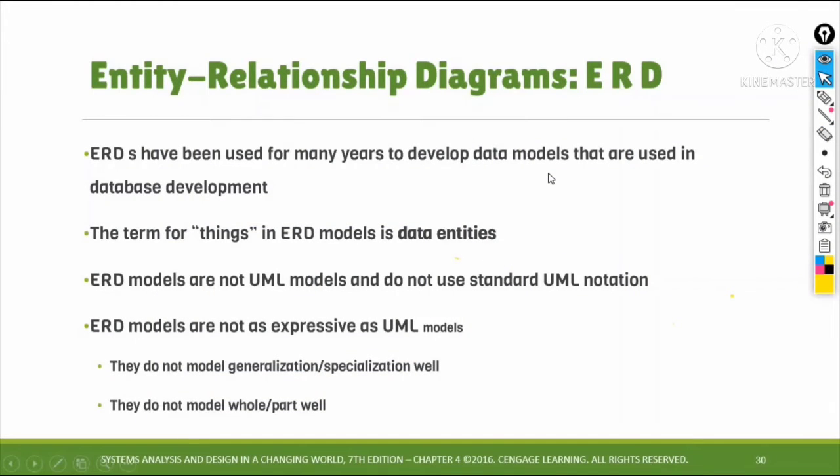The ERD is not a UML diagram, but it is very commonly used, and is quite similar to the UML class diagram. So on the entity relationship diagram, rectangles represent data entities.